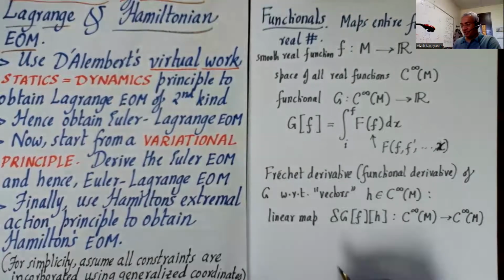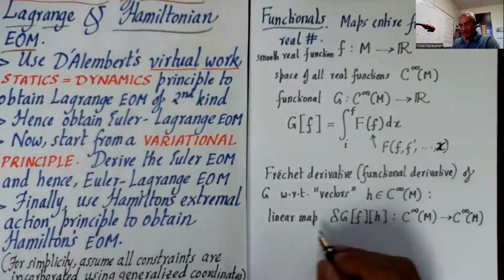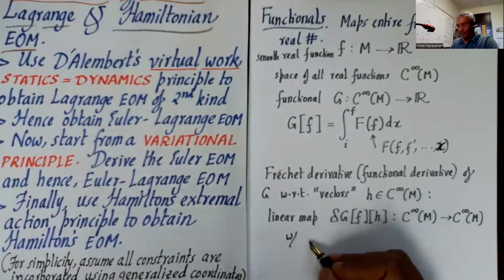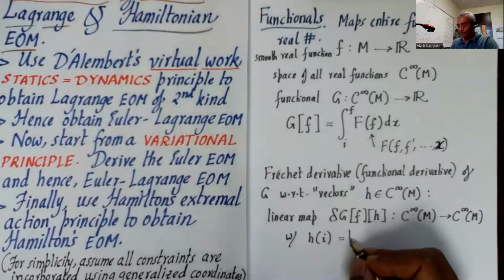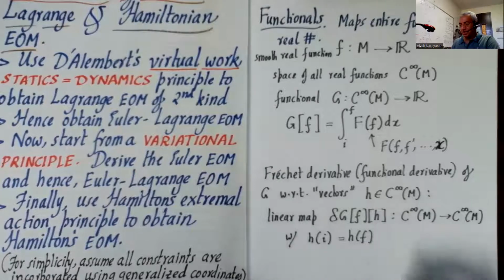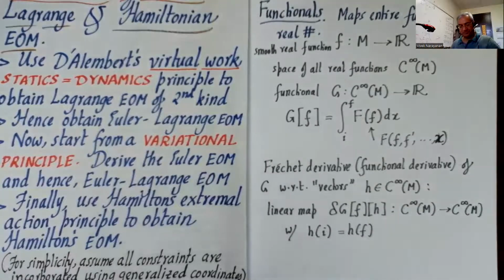And how is it a real map? I've still not defined it. That's the domain and the range, with a specific condition that H at the initial point, these are called initial and final points, H initial is the same as H final, and now I'll define it.